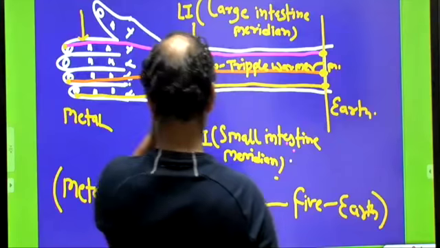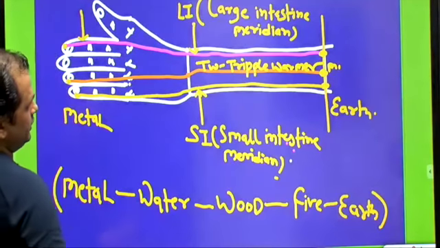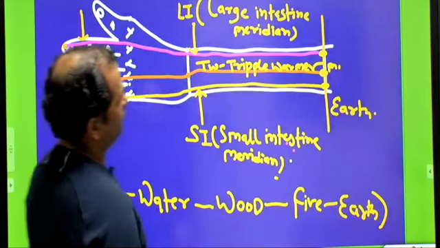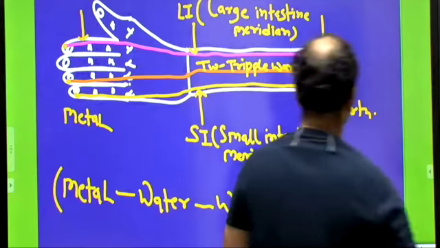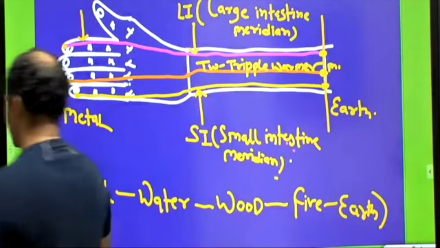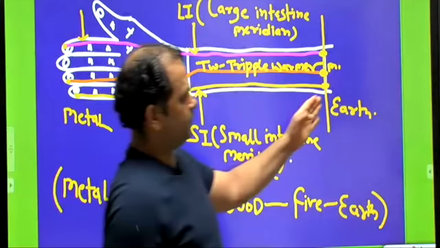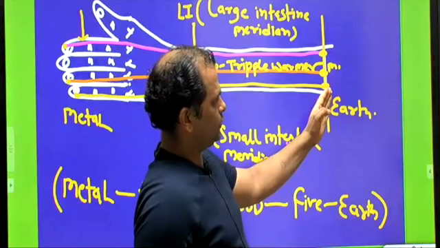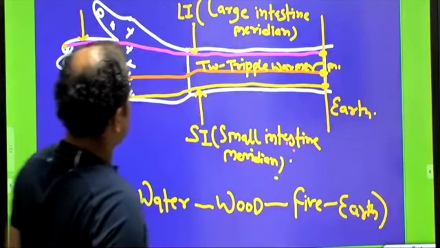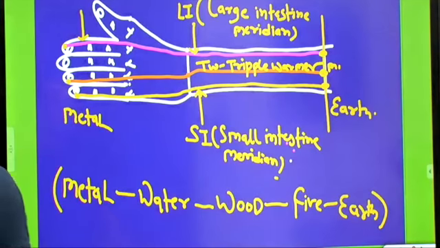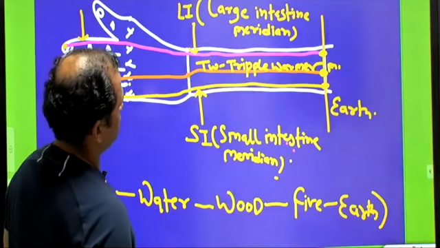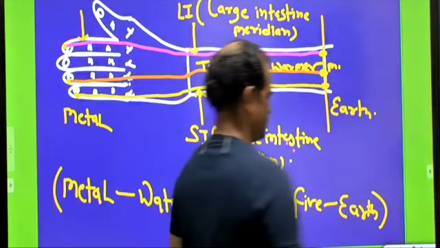So in this way, on the yang side, the first point will be metal and the final point will be earth on the elbow. So we have all the 5 element points on the yang side. Let's move ahead.